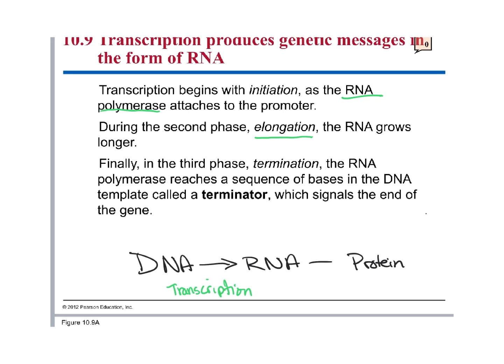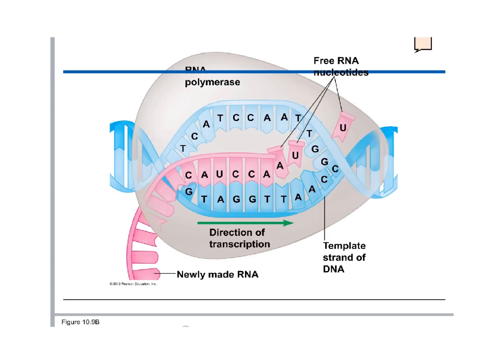And then the third phase of transcription is the RNA polymerase is going to get to a section of the DNA where it recognizes this is exactly where I need to stop reading. And that phase is called termination. That RNA polymerase reaches a sequence of bases in the DNA that signals the end of a gene.